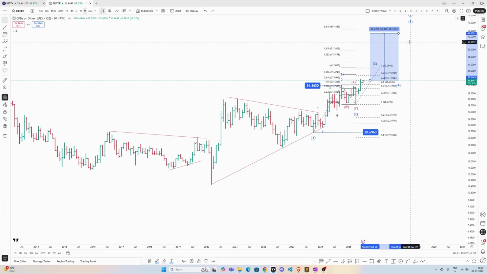Which is not usually the case, especially when it comes to commodities and precious metals. This could very well extend, and even wave 4 we have estimated at 38.2%, which could be different, right? So this is all kind of guesswork, but it should still help us see whether this aligns or not.